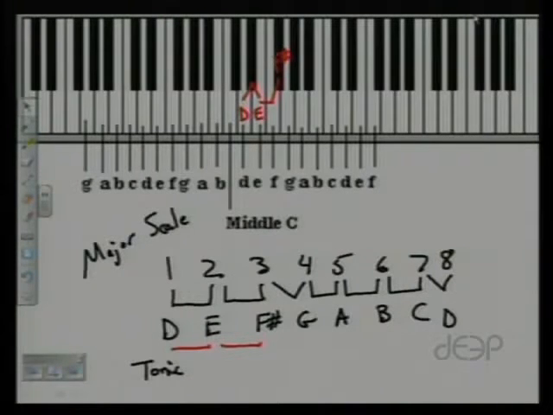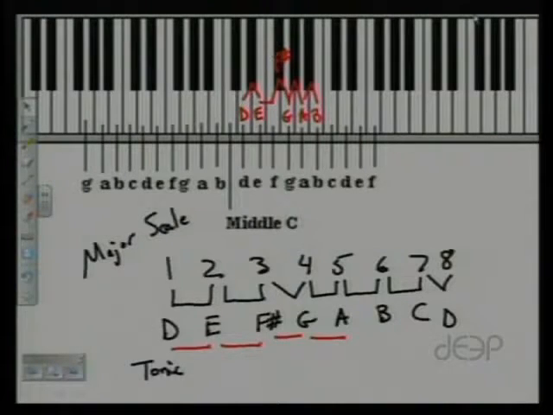From F sharp to G is supposed to be a half step. So here's our F sharp, there's our G. In fact, it is a half step. G to A is a whole step. There's our A, that works. A to B is a whole step, that works.